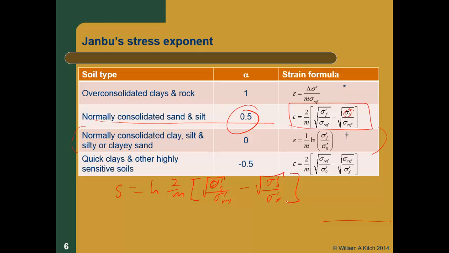So now, if we're skipping quick clays for the minute, I have 3 different settlement equations. If it's a strain hardening sand, I can use this one, and I can find these parameters too. It's not some crazy parameter I can't measure. I can fit that parameter off this stress strain curve.